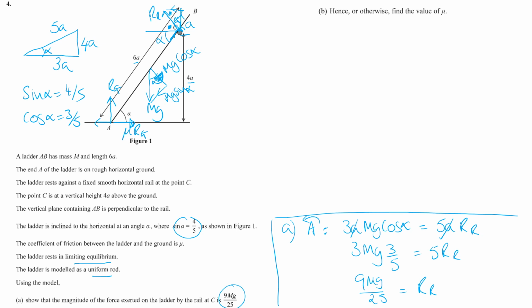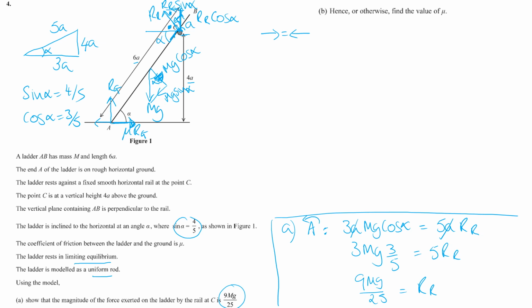So this vertical component will be the reaction of the rail, the size of it, cos alpha. And then at the top, we've got the reaction at the rail, sine alpha. Now I've got all my forces, and I will do the horizontal ones first. So the horizontal ones are equal and opposite. Where are my horizontal forces?